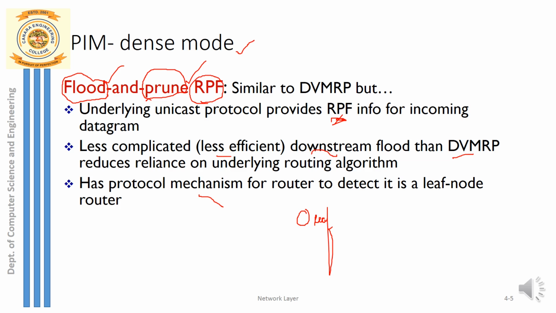Once you reach that leaf node, the router, or one, should be able to detect that it is the end of the tree, the last node. So there is a mechanism for detecting that and saying that it is the last node in the network.